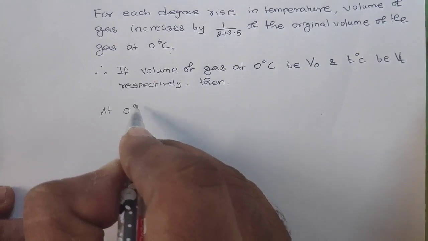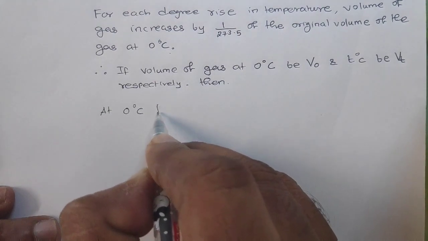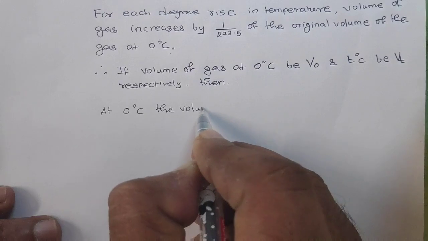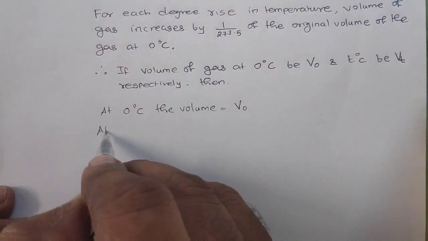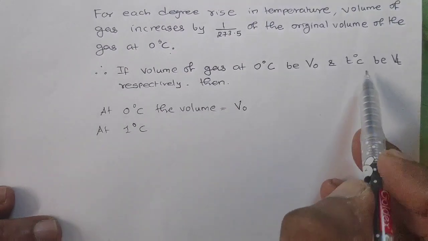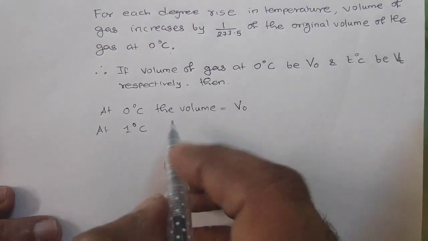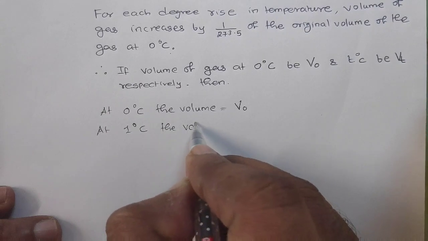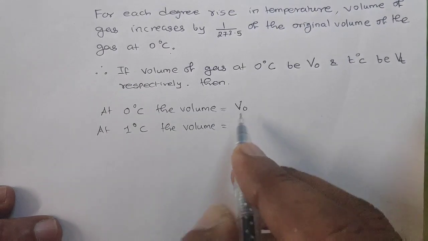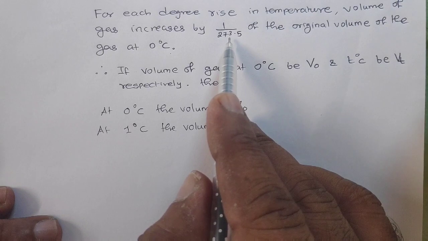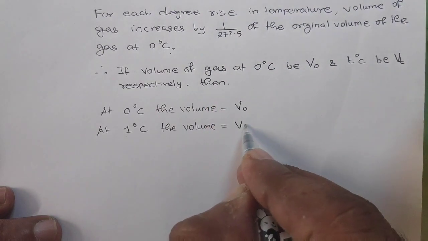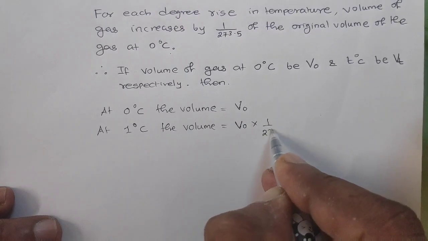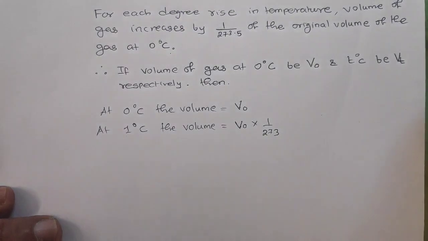Suppose at 0 degrees Celsius the volume is V0. At 1 degree Celsius, because the original volume is V0, the increase is 1 by 273, so I will take V0 into 1 by 273 for our convenience.